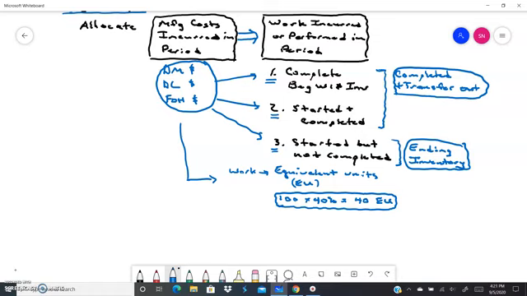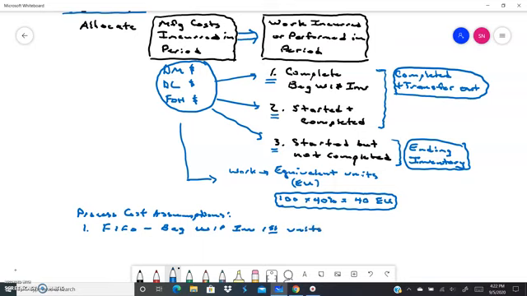assumptions here in process costing. One is that we're on a FIFO basis, meaning that beginning work in process inventory is the first units completed.